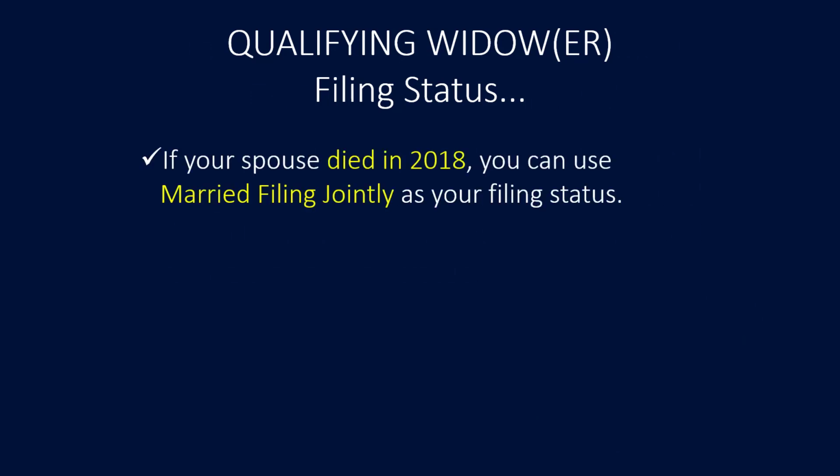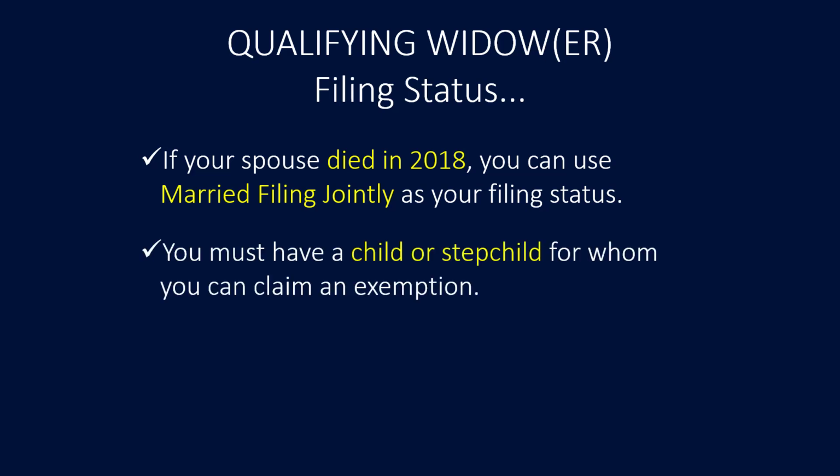Next, the qualifying widow or widower filing status. If your spouse died in 2018, you can use married filing jointly as your filing status. You must have a child or a stepchild for whom you can claim an exemption to use the qualifying widow or widower filing status.